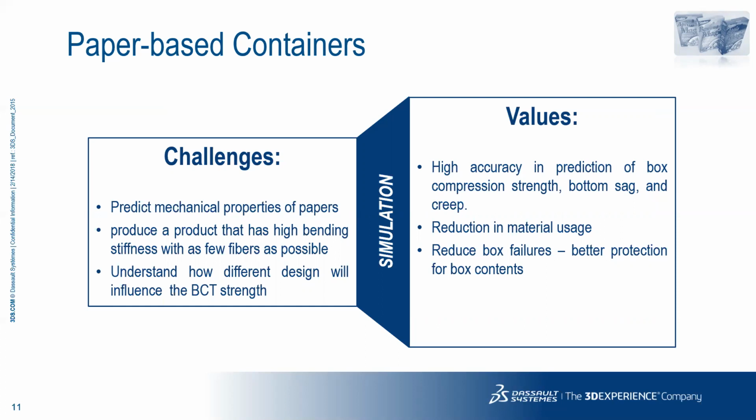And you need to understand how different designs of your paper based containers will influence the box compression strength, and whether you are overutilizing the materials, or you can actually use less material, or you're under designed. It's much easier to get those answers via simulation.